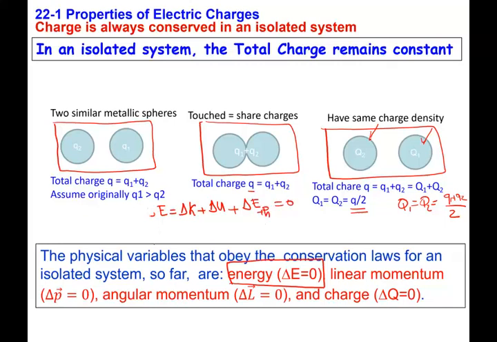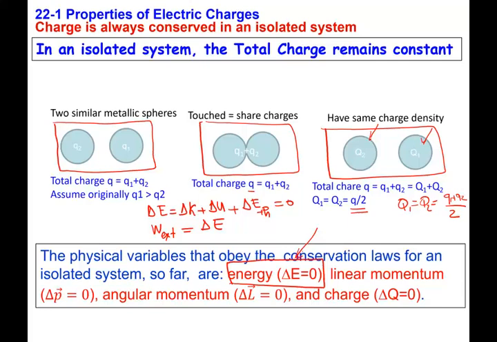If the system is not isolated, you've seen that the total external work done on the system is equal to delta E. So this is the law of conservation of energy.